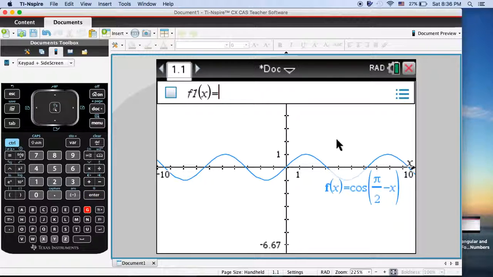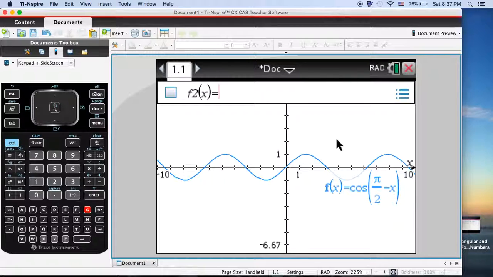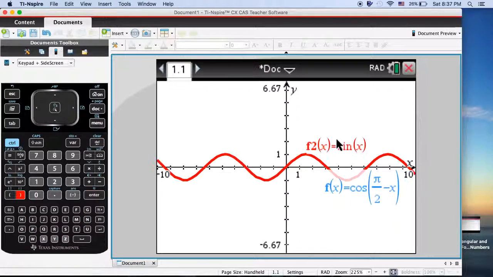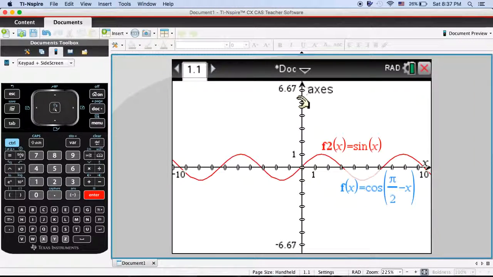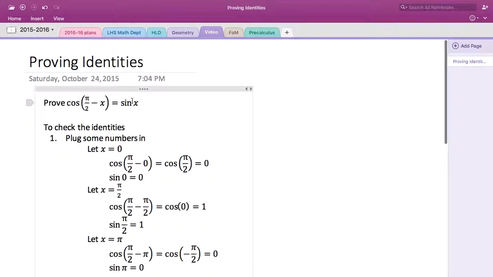Let's graph the other one, which is sine of x. These two graphs look pretty much the same. So we are way more confident now that these two functions are equal, or that this equation is an identity.